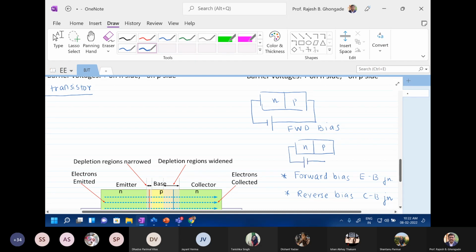Negative to positive, positive to negative। ये हो गया रिवर्स बायस। ये याद रखो बस, that's all, you will never have any problem.